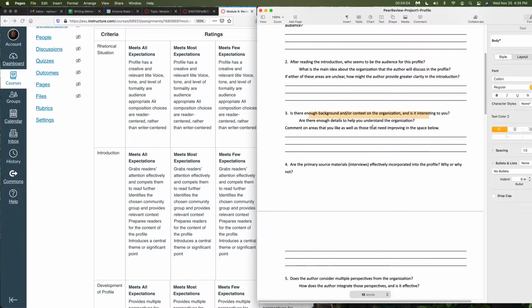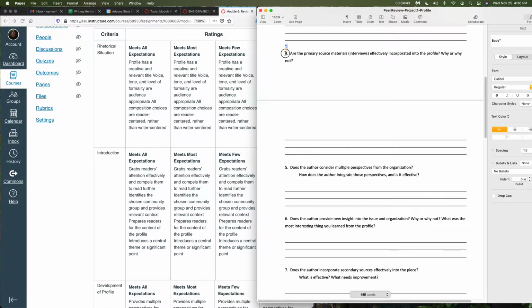Oftentimes the details can be sensory details, like what the space looks like, if you can see the space where the group works, if you can watch a video online on YouTube or the organization's social media page, something to make it more tangible for the readers. Again, if your peer hasn't done something along these lines, if one of these things is missing, be specific and let them know how they can improve. And it's okay to offer suggestions for improvement.